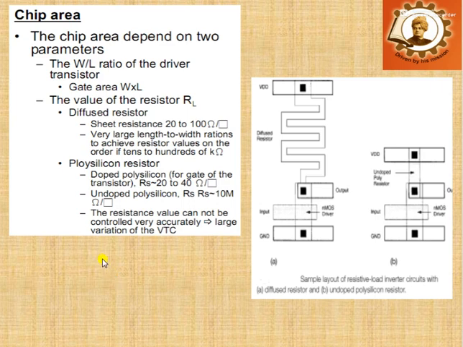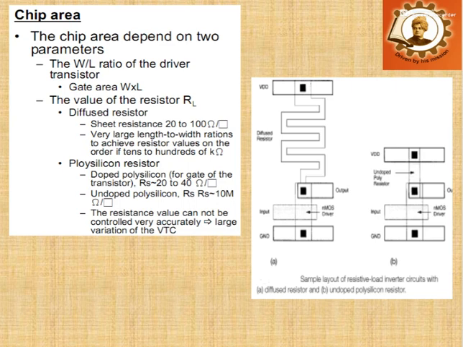So this resistance implementation is very difficult with our active component. This is the biggest drawback of this type of resistive load inverter. Another disadvantage is that there will be a huge current flow, so the static power dissipation through this resistance R will be high.